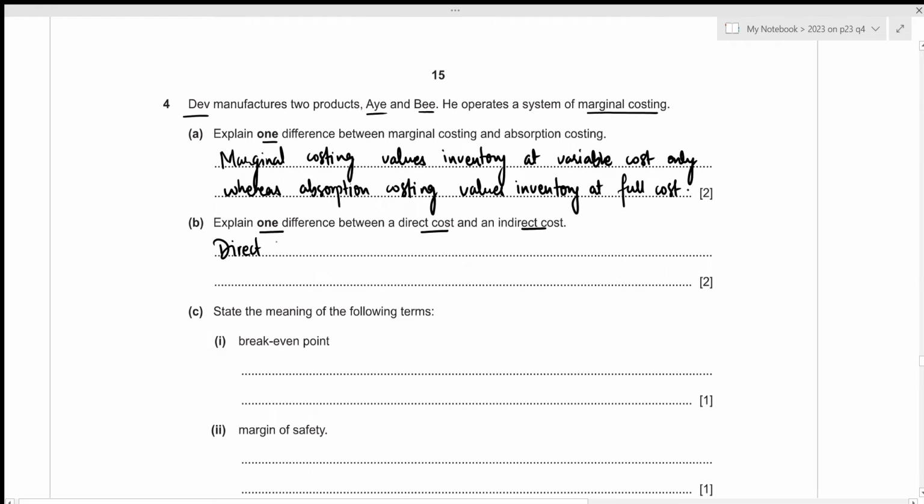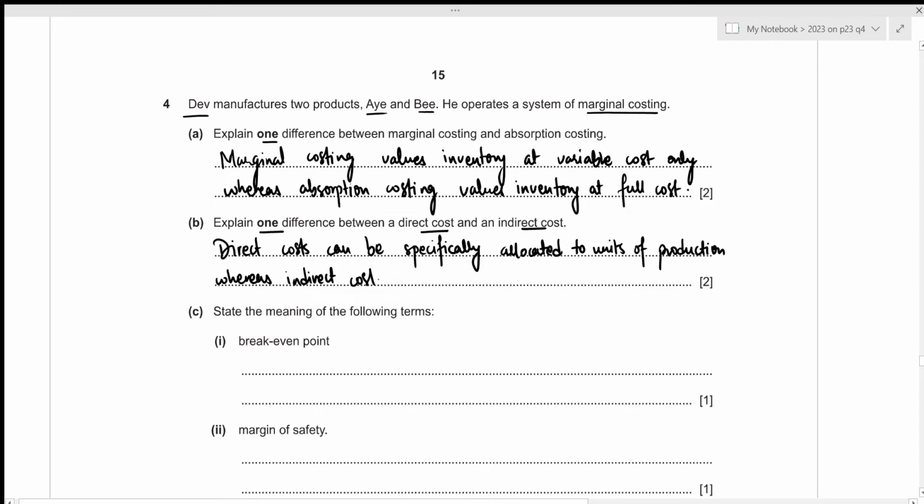Direct costs can be specifically allocated to units of production, whereas indirect costs cannot economically be specifically attributed to units of production.